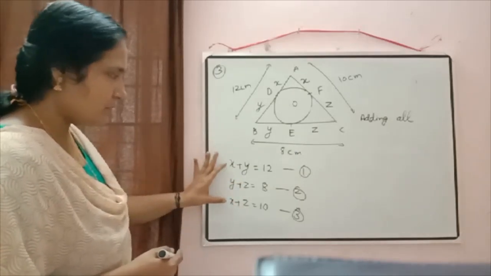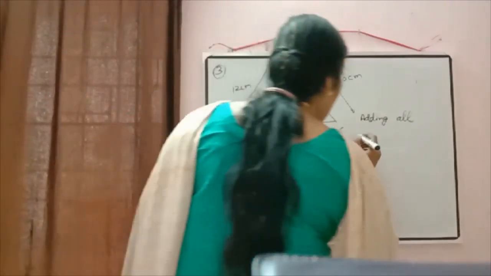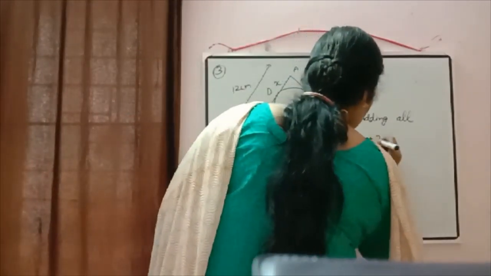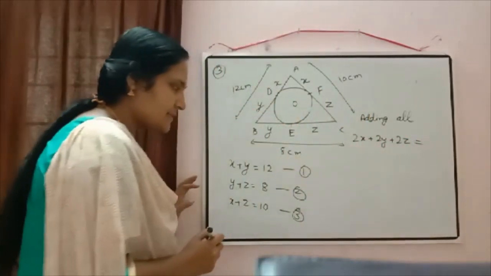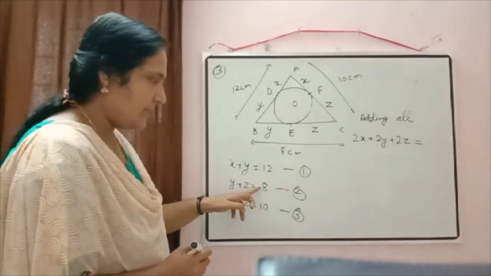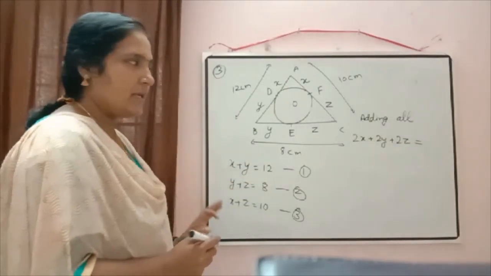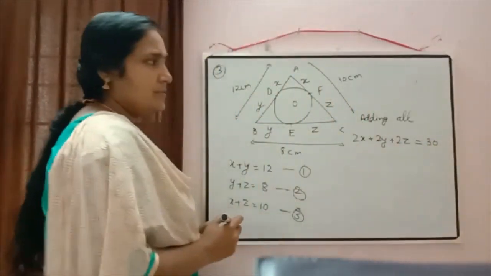So it will be equal to 2X plus 2Y plus 2Z. Right hand side, 12 plus 8 will be equal to 20, 20 plus 10 will be equal to 30.